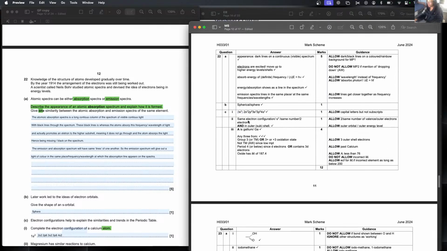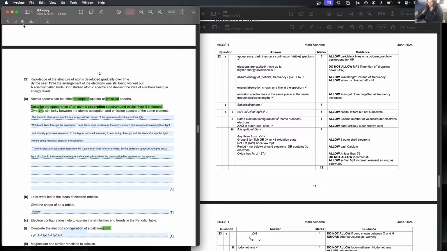22A. Dark lines on a continuous visible spectrum. That's right.